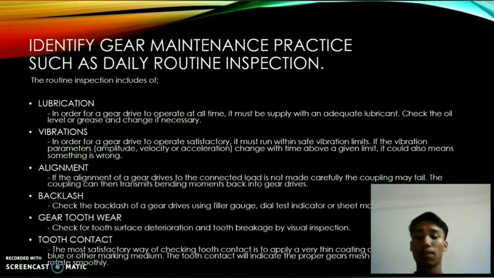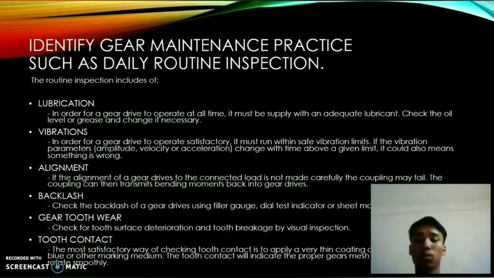Alignment, if the alignment of the gear drive to connected load is not met carefully, the coupling may fail. The coupling can then transmit bending moment back into a gear drive. Next, backlash. Check the backlash of a gear drive using feeler gauge, dial test indicator or sheet materials.